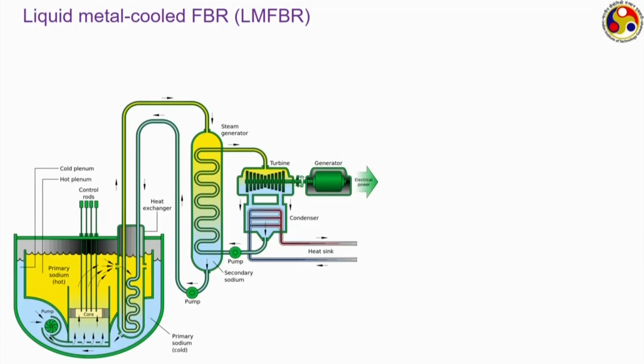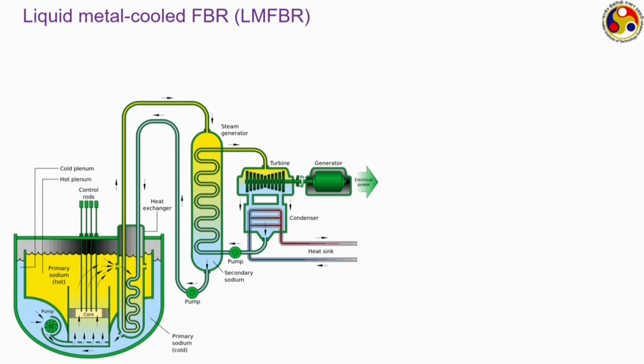Now, the most common design of breeder reactor is this LMFBR or liquid metal cooled FBR. And this particular picture we have been seeing from the beginning, where we are using a liquid metal, generally liquid sodium, as the coolant. This design, can you guess, is it a pool type or loop type?